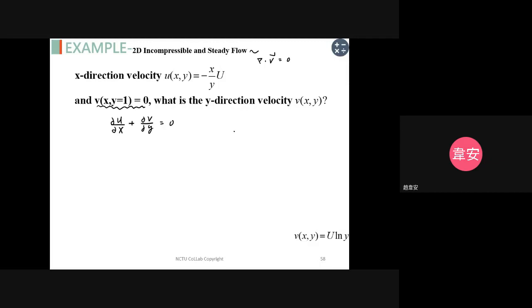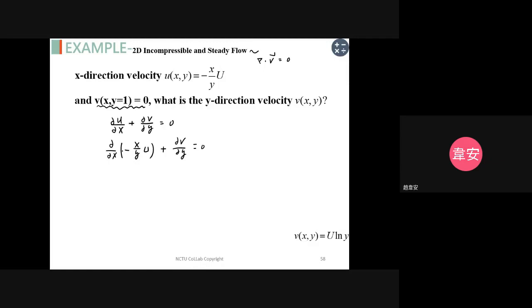We only have the u function here, so we differentiate with respect to x. The u function is minus x over y times capital U, plus dv/dy equal to 0.